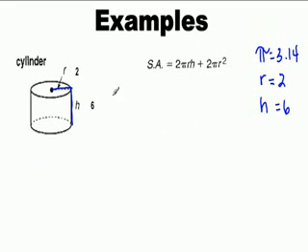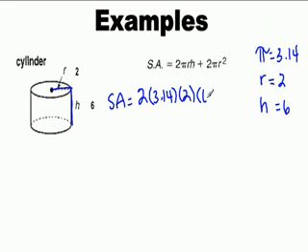So let's plug it into our formula. Surface area equals 2 times pi times the radius times the height plus, I ran out of room, 2 times pi times the radius squared.